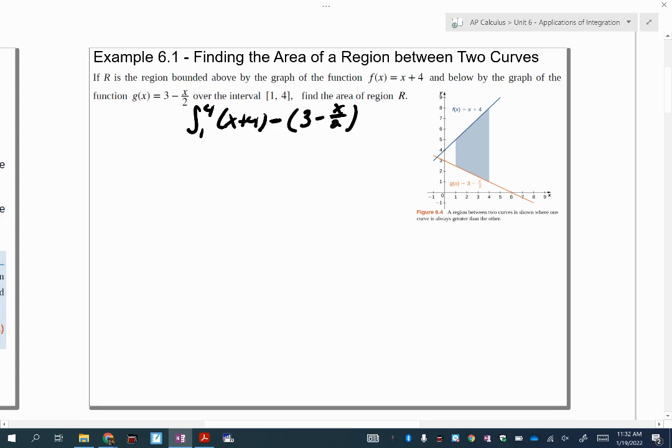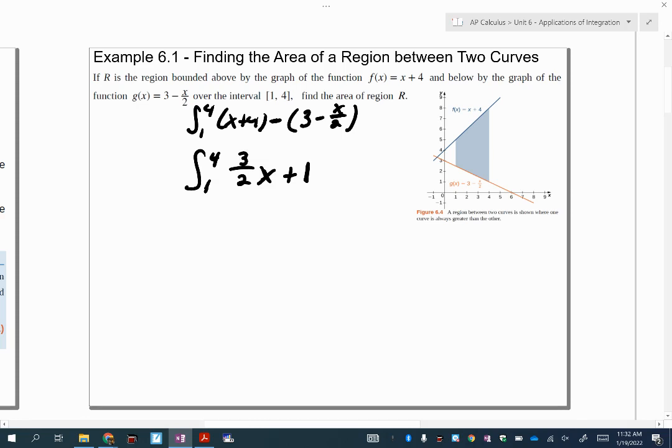The first thing I'm going to do is subtract like terms. x minus negative x over 2: when you subtract a negative, you have addition. So 1 plus 1/2 is 3/2 x. And then 4 minus 3 gives you 1.